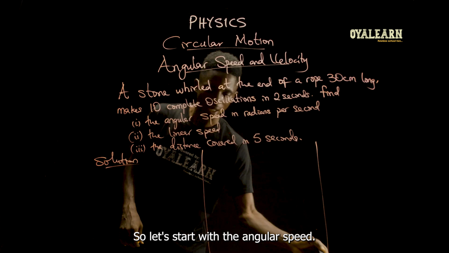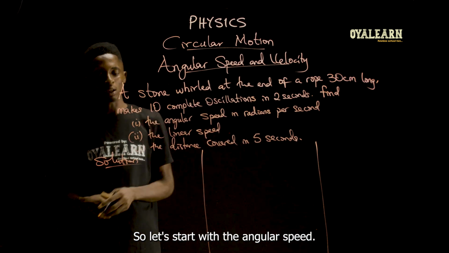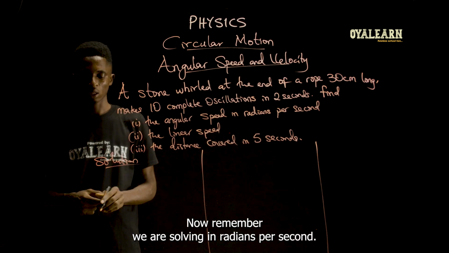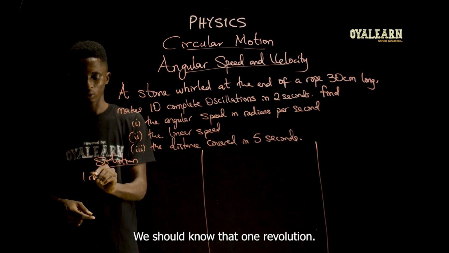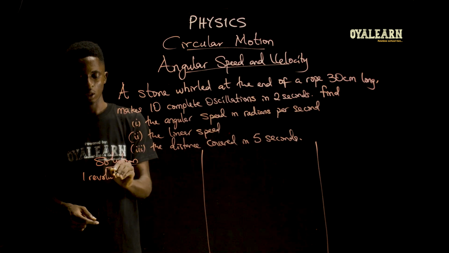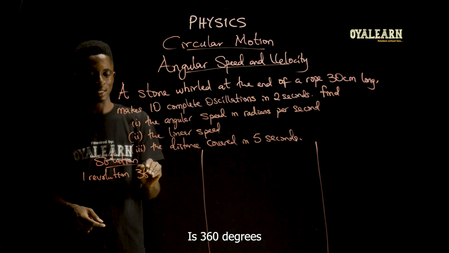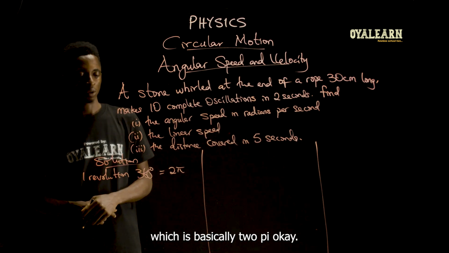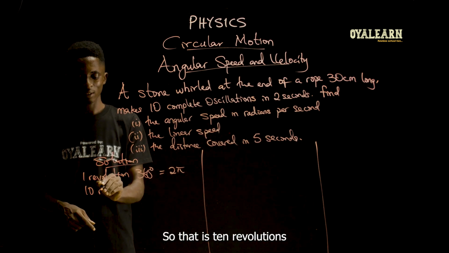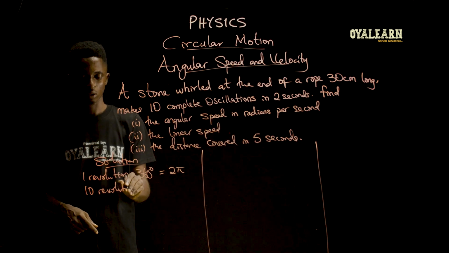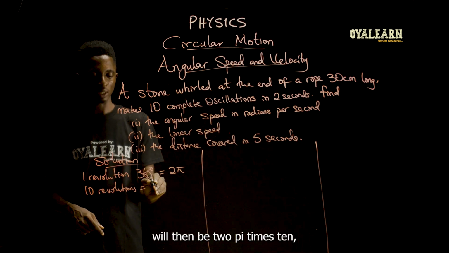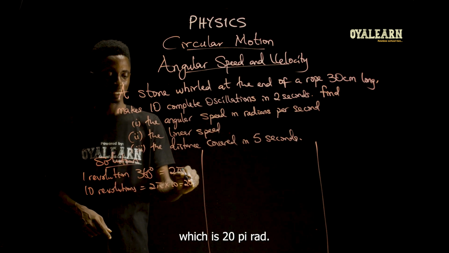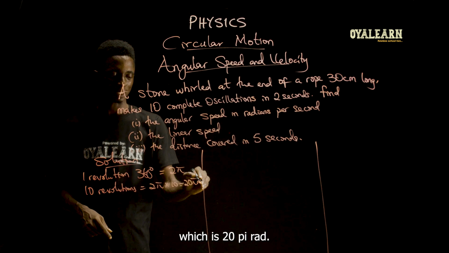Let's start with the angular speed. Remember, we are solving in radian per second. We should know that 1 revolution is 360 degrees, which is basically 2 pi. So 10 revolutions will then be 2 pi times 10, which is 20 pi rad.